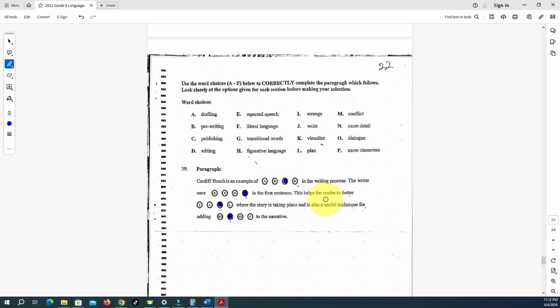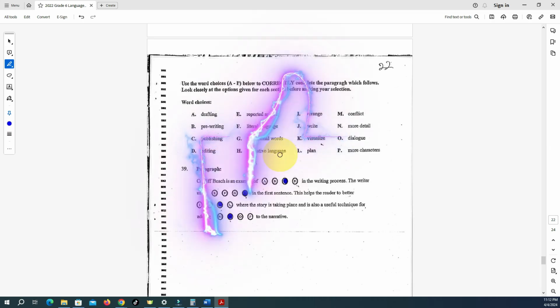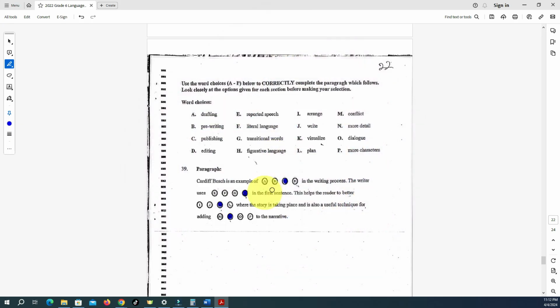All right, this helps the reader to better. No, I'm sorry, not editing. I think this one I have here is figurative language, so you can actually envision what's happening. So this should be figurative language right here, which is H.